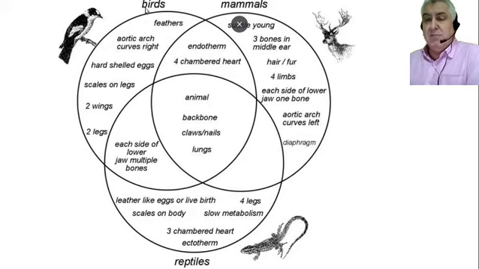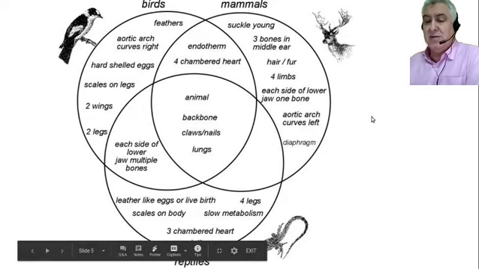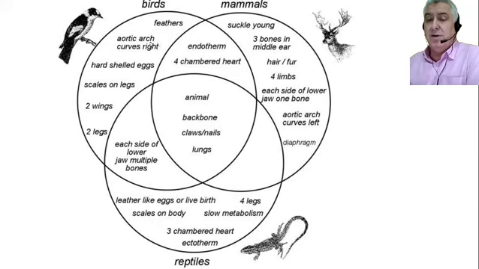So over here, I'm still in science, because I think you guys will understand this a little bit more easily than with just numbers. I'm comparing the set of bird characteristics to the set of mammal characteristics to the set of reptile characteristics. And so we can see birds have this stuff, and mammals have this stuff, and reptiles have this stuff.